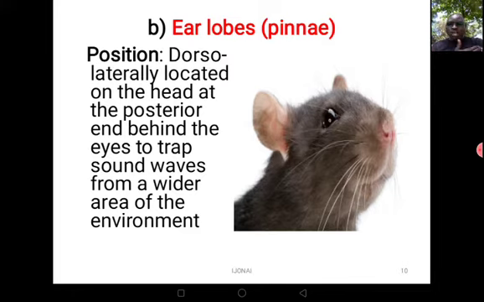And what is the main function of those external ears? It is to trap the sound waves from a wider area of the environment. That's why they are large. They are large in order to trap sound waves from a wider area of the environment. So we could say that the rats are well equipped with a good enlarged hearing apparatus.